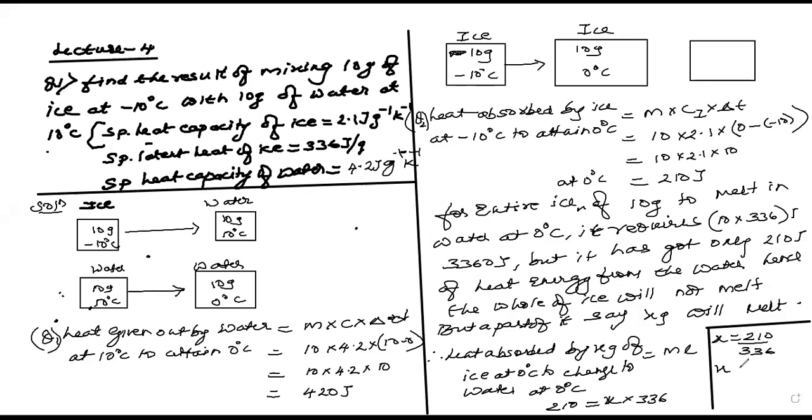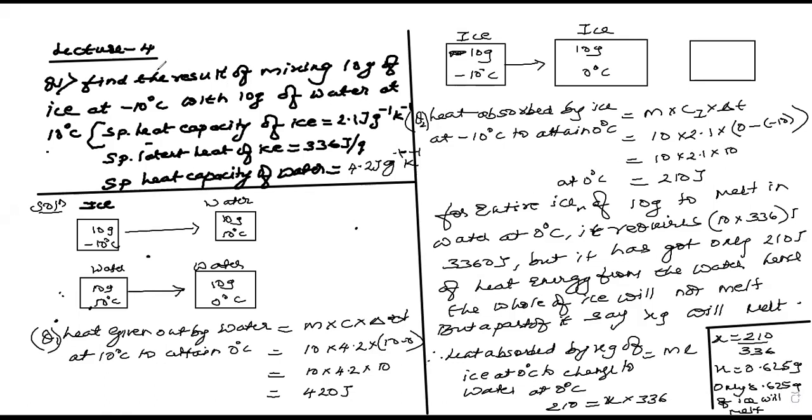The X answer will be 0.625. So remember, what is the result of mixing? Only 0.625 gram of ice will melt. Got it?